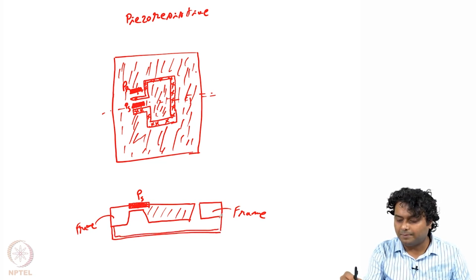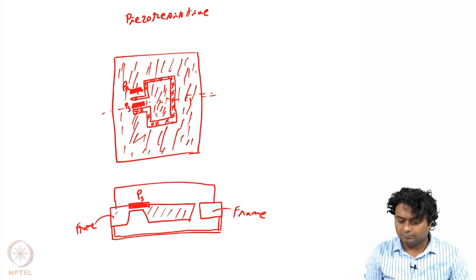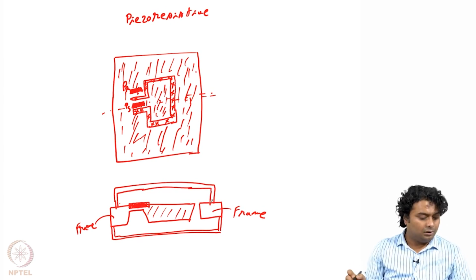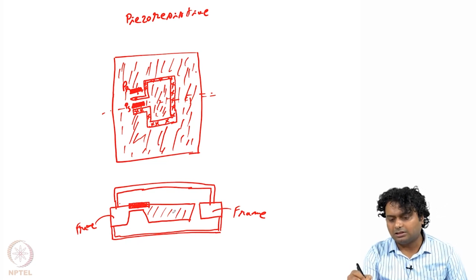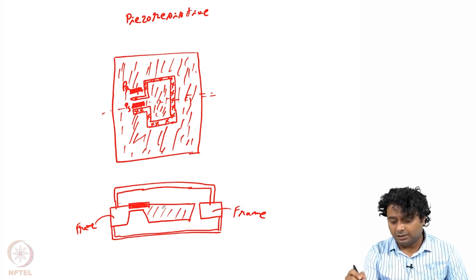So this is like the bottom cap and the top cap, and you see that this is not the membrane, rather it is the seismic mass which is actually moving. It is like a cantilever, but the head is much bigger in geometry than its anchor region.